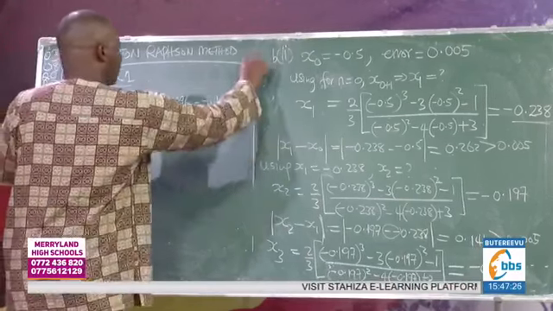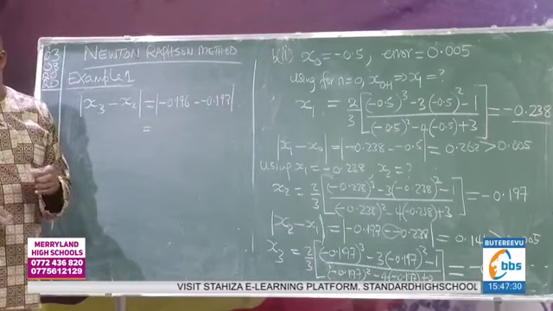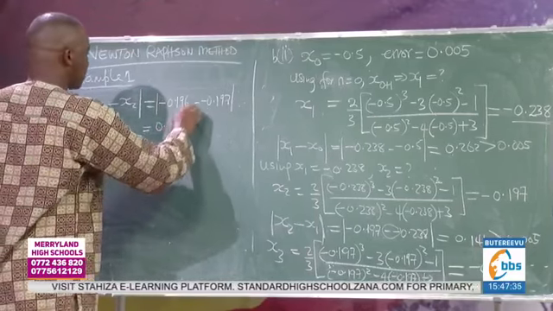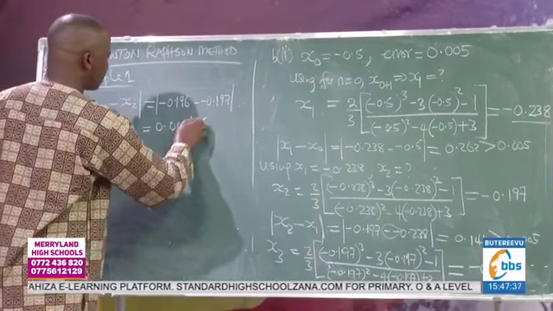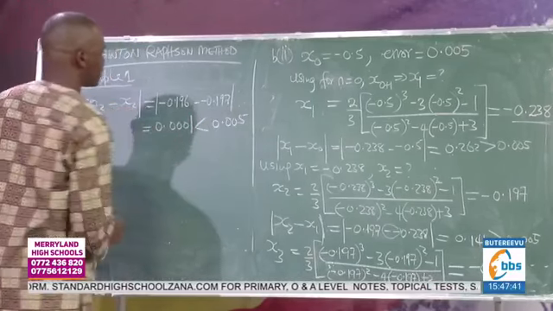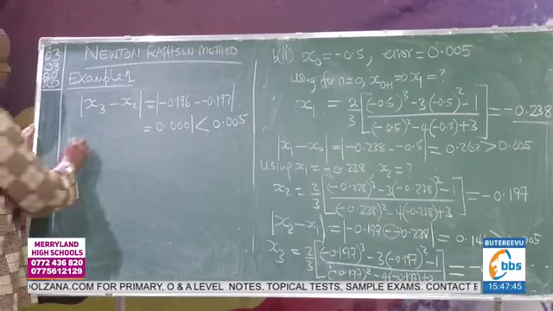If we look for the difference here, we are getting a value this time round that is clearly 0.0001, which is now less than the error. It's now much smaller than the error.